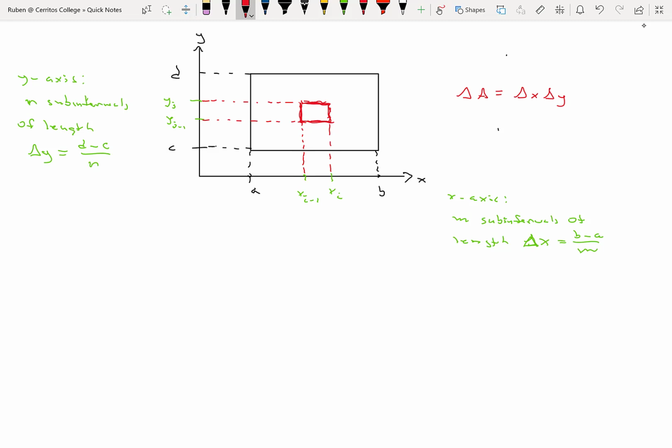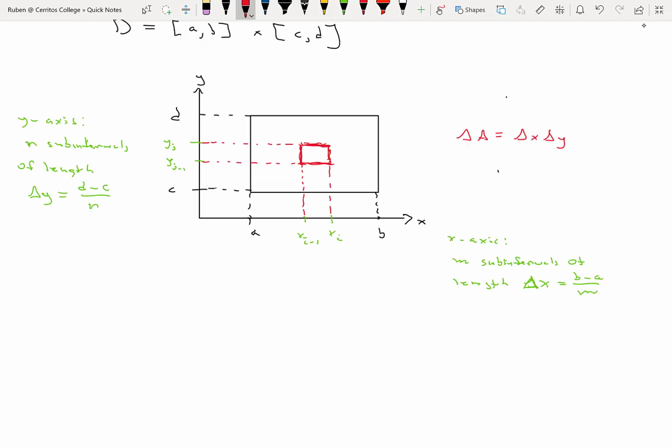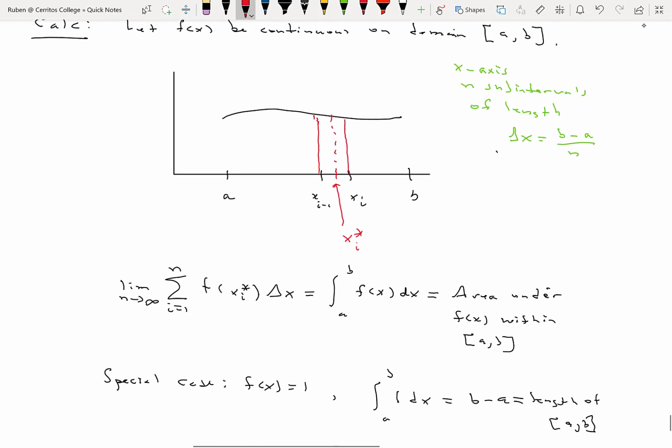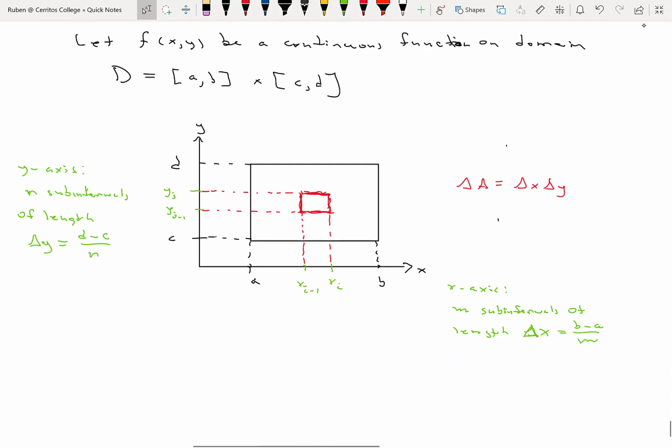Then what we did is very similar to what we did in the single integral case. We pick a point randomly within each of the subrectangles. So we pick an x sub ij star and a y sub ij star in that typical subrectangle.